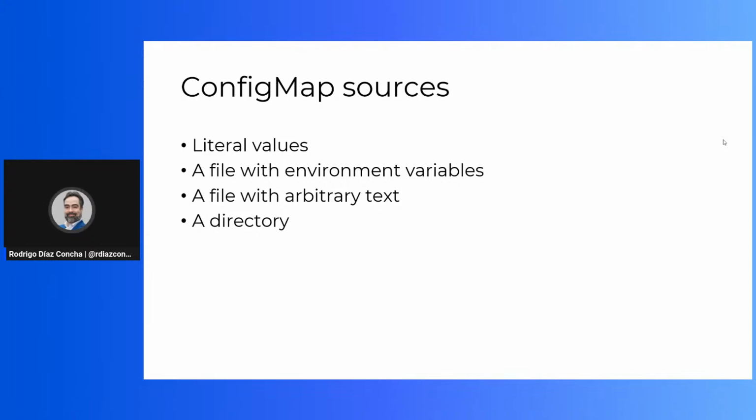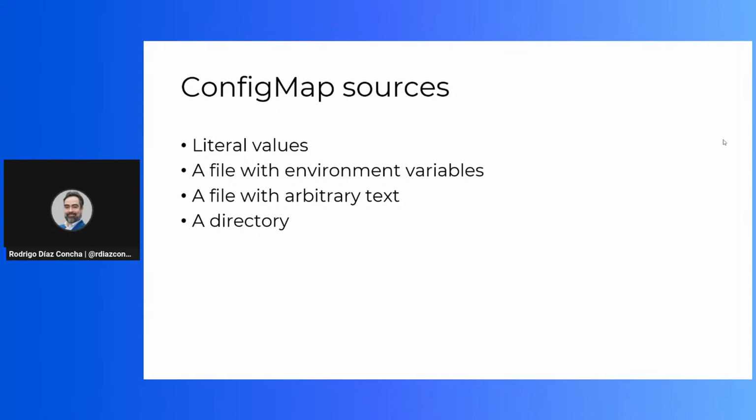There are different sources that we can use for config maps. The first one is literal values. In other words, you can specify by using the kubectl command the environment variable and literal values that you want to use for that config map, okay? The other one is a file with environment variables.